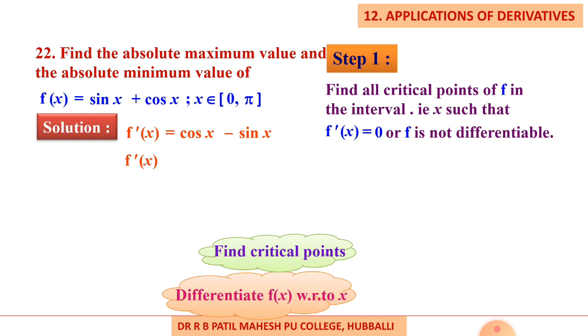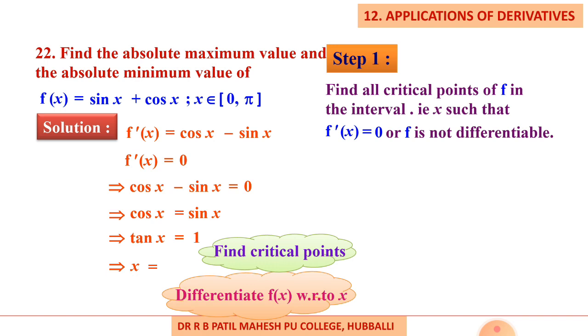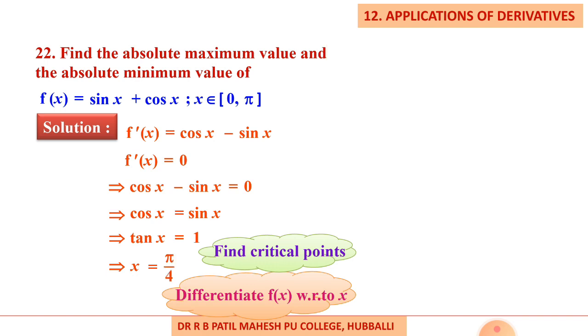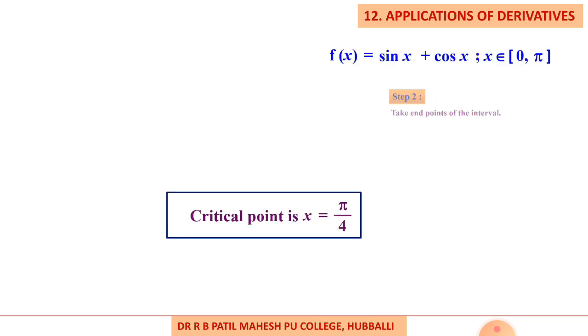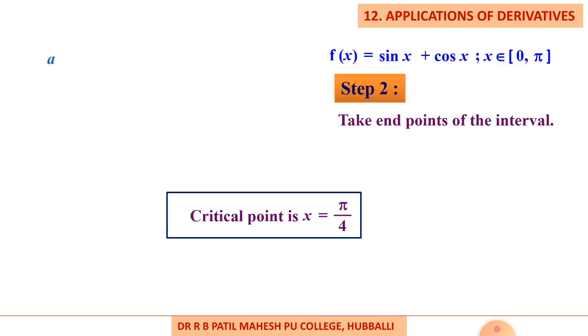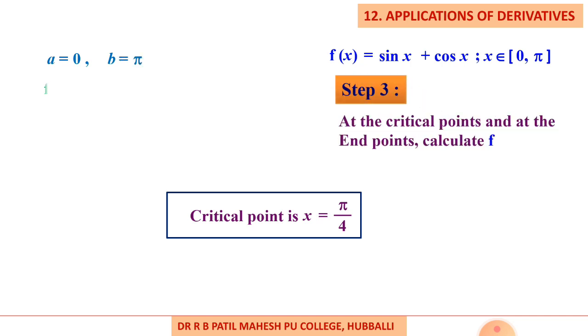Then f dash of x equal to 0, so cos x minus sin x equal to 0, that is cos x equal to sin x, or tan x equal to plus 1. Now, because x belongs to 0 to pi, here the x value is pi by 4.